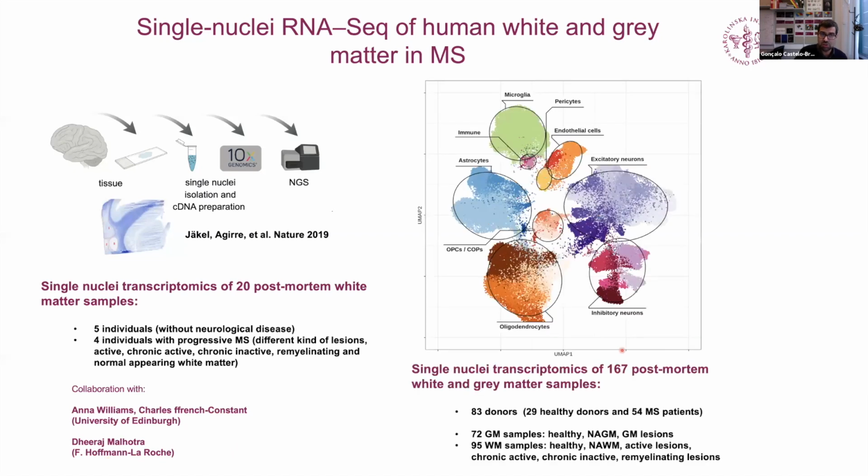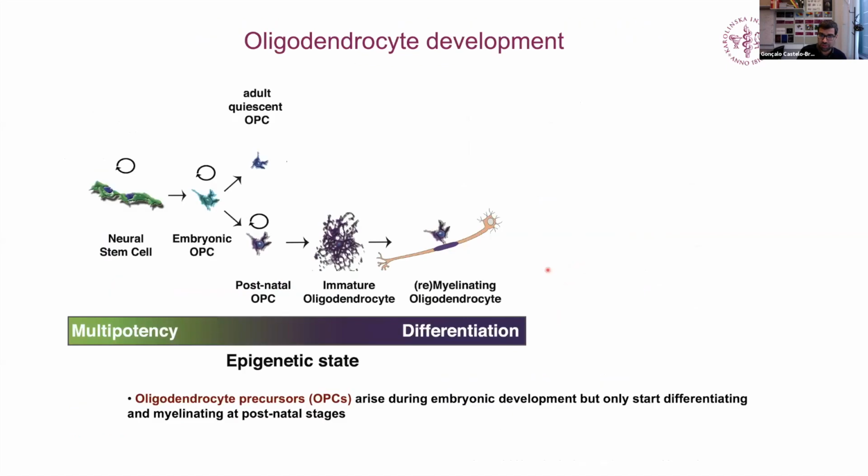Now we are doing a further study with a much larger cohort, to investigate the expression profile of the different populations in both the gray matter and the white matter. Then we will be able to correlate this with the epigenomic data, looking at the possible connection at SNPs present in the oligodendrocyte lineage. One thing we are also investigating is the transcriptome during oligodendrocyte development, which we think might also have an important role here.